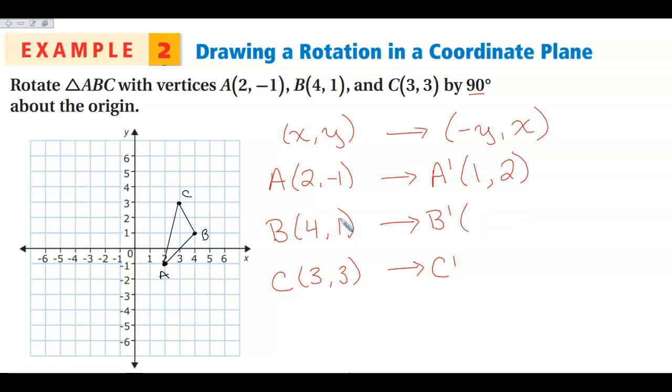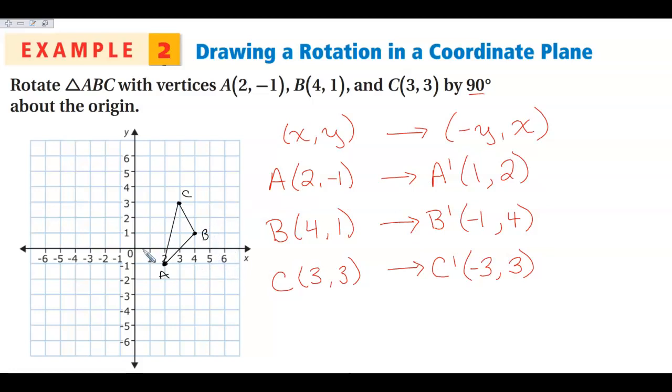Again, I'm going to negate my y, which means I'm changing the sign and bringing it to the front. So I'm going to have -1 for my new x value. My 4 goes to the back. For C, my y value is 3. I'm going to change the sign and bring my x value to the back. All right, so now I'm going to graph these points.